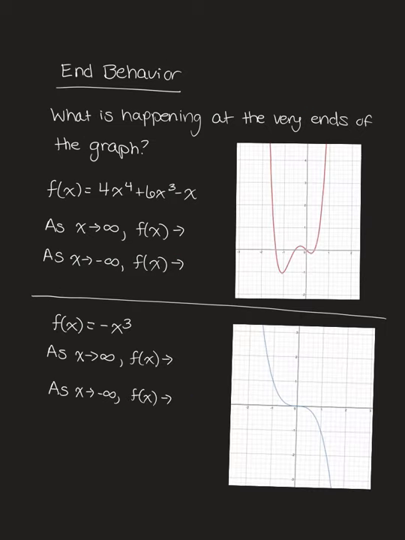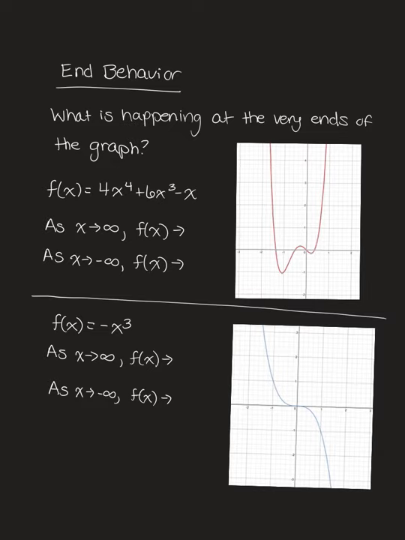So now let's talk end behavior. End behavior is what's happening at the very ends of the graph. Is the graph shooting upwards towards infinity? Is it shooting downwards towards negative infinity? So something to keep in mind whenever you're looking at these graphs.